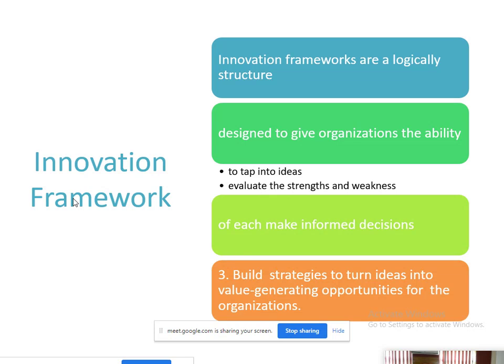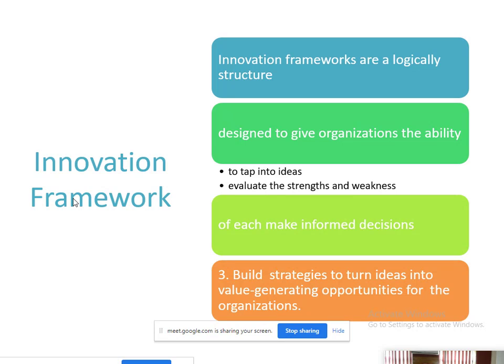With the help of the innovation framework, we will get to know our strengths and our weaknesses, where we have drawbacks or where we have positive things, so that we can implement those things in our innovation part.